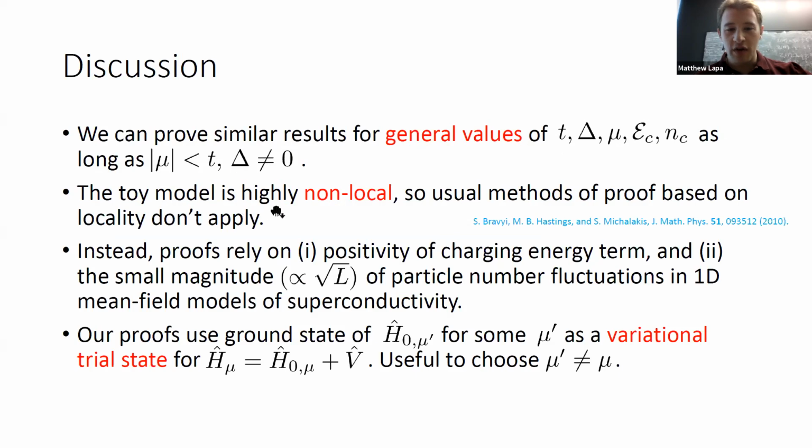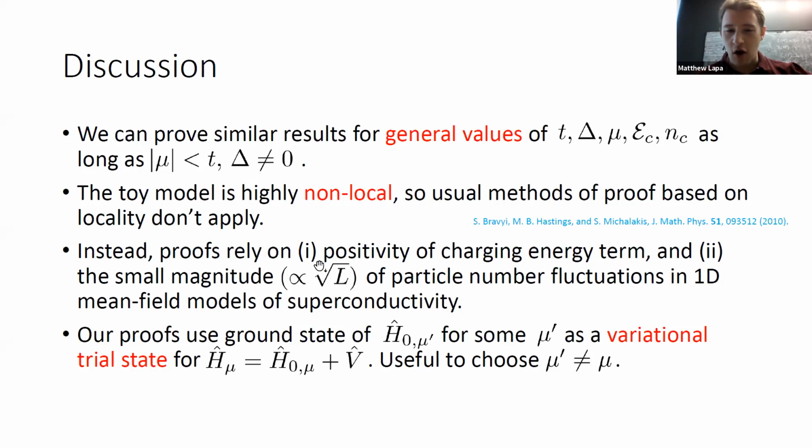One thing about this model is that it's actually very non-local. That's because this phase operator is coupling to all the fermions on the wire. So the usual methods that you might use to prove stability of topological orders to perturbations actually don't apply to this model. Methods that rely on Lieb-Robinson bounds don't work here.